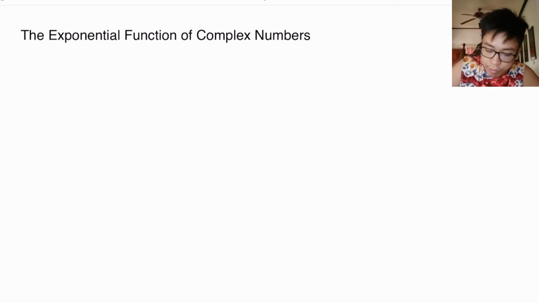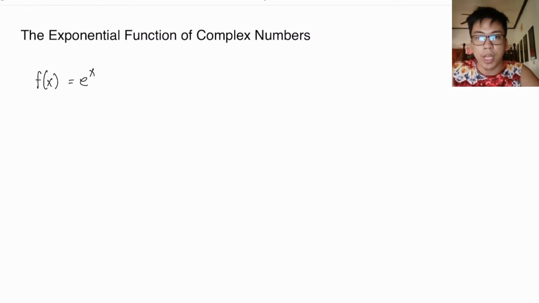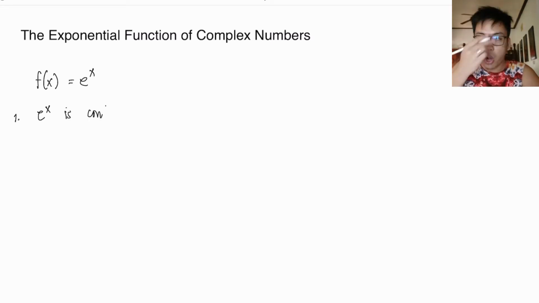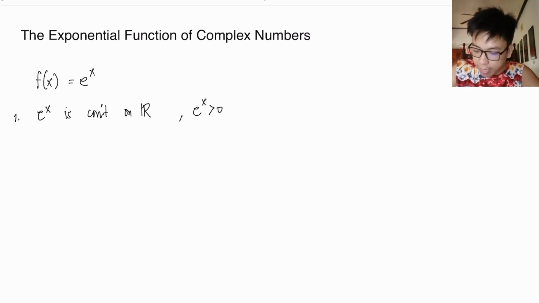Okay, so let us recall the exponential function of real numbers. Let's say we have f of x equal to e to the x. This is an exponential function of real numbers. Then we have the properties. Number 1, e to the x is continuous on the set of real numbers, and e to the x is greater than 0, implying that e to the negative x equals 1 over e to the x, and it's still greater than 0.